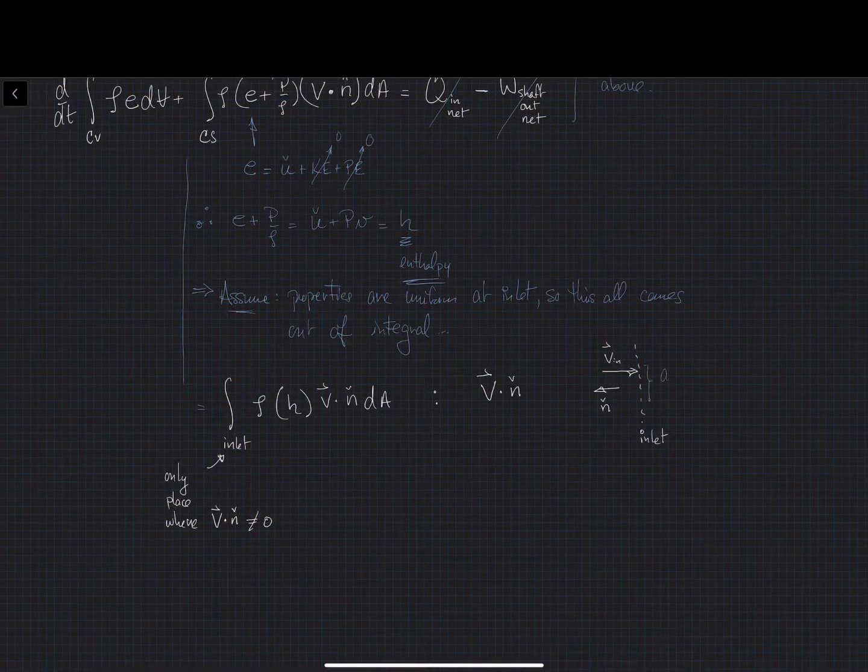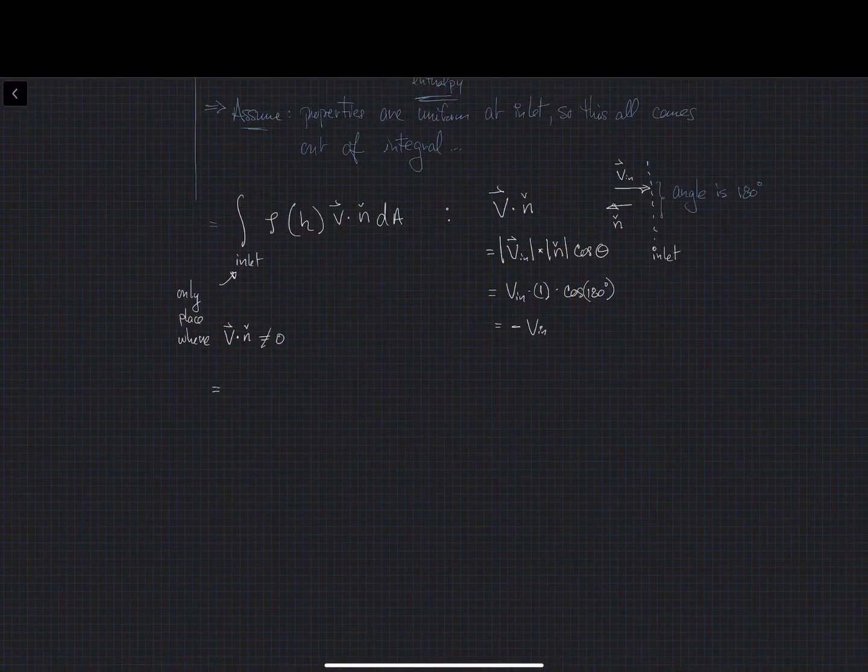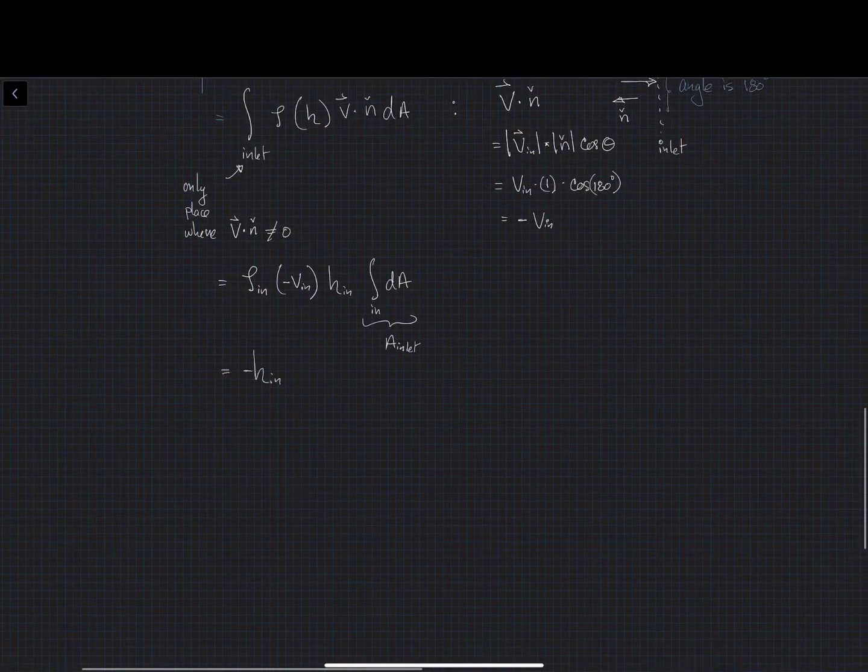So V dot N is really just equal to the magnitude of V itself, and because V and N are going in opposite directions, the relative angle between both of them is 180 degrees, and the inner product of V dot N therefore includes the cosine of 180 degrees, which is -1, so I end up with simply -1 times V. All this gets pulled out of the integral again because the velocity, the density, and the enthalpy are all uniform, so they're not varying as a function of area.